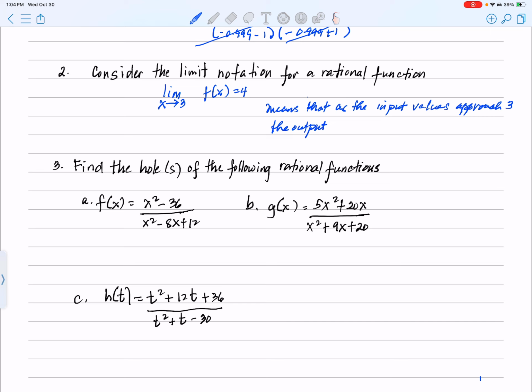The output values approach 4. I think that is how you do the reading there.